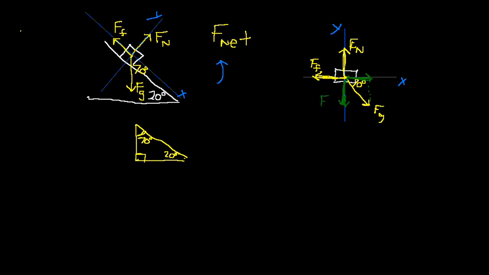So this is force of gravity in the y direction, force of gravity in the x direction, and the x and y components make up this vector right here, F sub g. So now that we've got this coordinate system, we can find the net force.